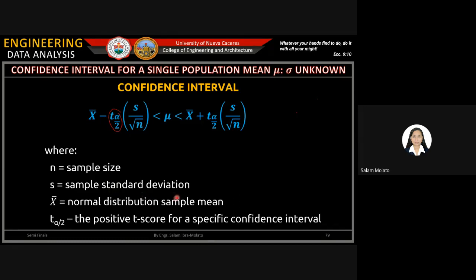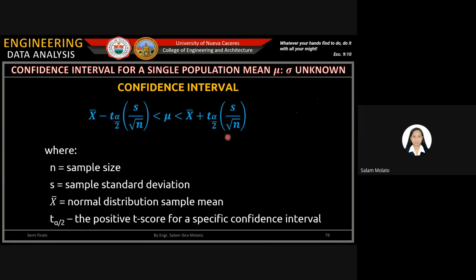Since we do not know the population standard deviation or sigma, we will use S. So our mu is now between the sample mean, just like before, minus or plus this quantity.